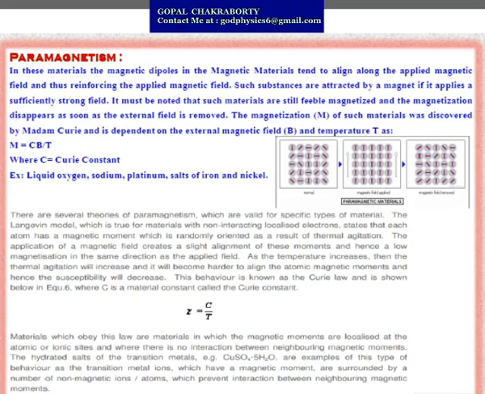The hydrated salts of transition metals, for example CuSO4 5H2O, are examples of this type of behavior, as the transition metal ions, which have magnetic moments, are surrounded by a number of non-magnetic ions or atoms which prevent interaction between the magnetic moments.